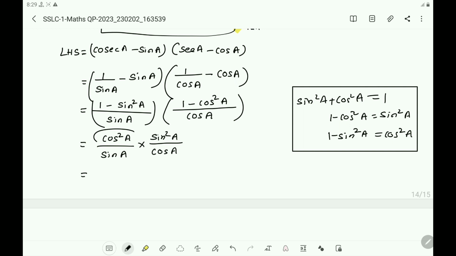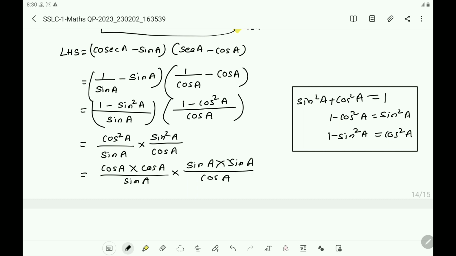Now cos square A is cos A into cos A by sin A into sin square A is sin A into sin A by cos A. Sin A cancels, cos A cancels.